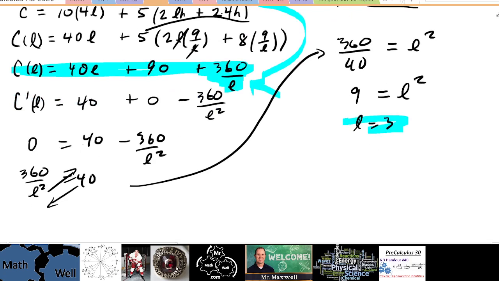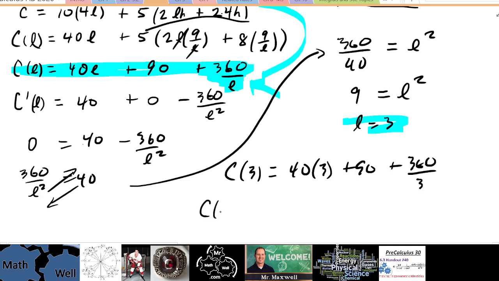So the cost, let's see. The cost where L is 3 should be 40 times 3 plus 90 plus 360 over 3.